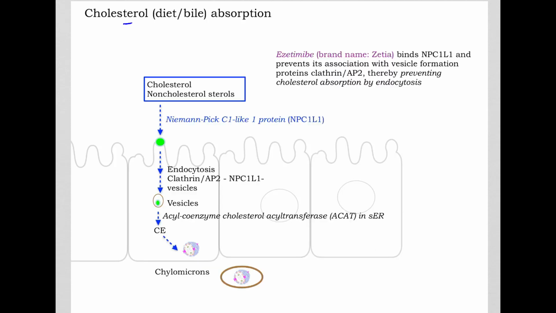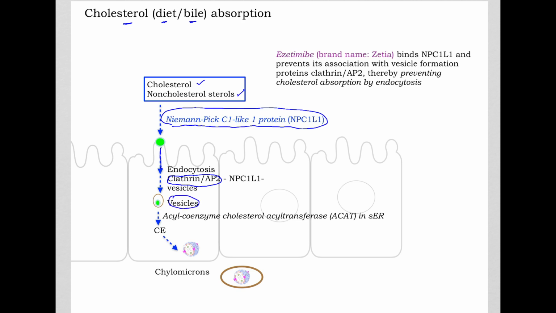Now, cholesterol that may come from the diet as well as from bile, cholesterol as well as the non-cholesterol sterols, such as the plant sterols, they are transported into the enterocytes by proteins such as this one here called Niemann-Pick C1-like protein, or NPC1L1. And from there, they will combine with the vesicle formation proteins such as clathrin and AP2 and form vesicles.